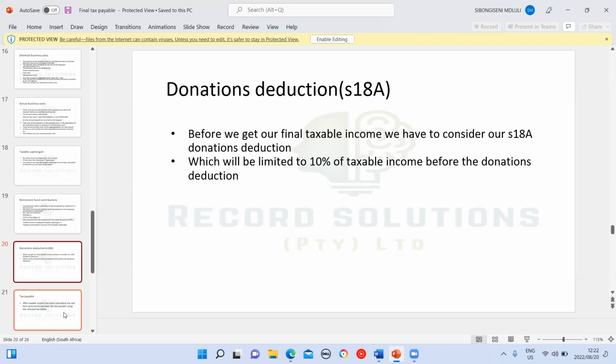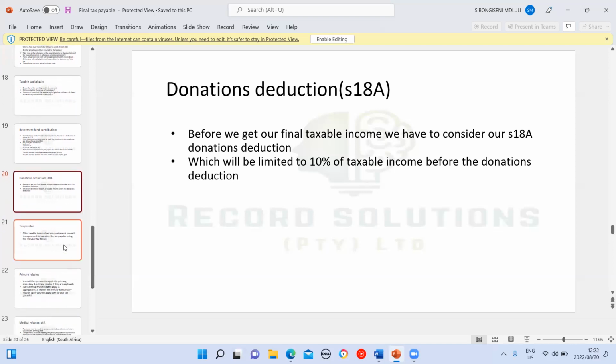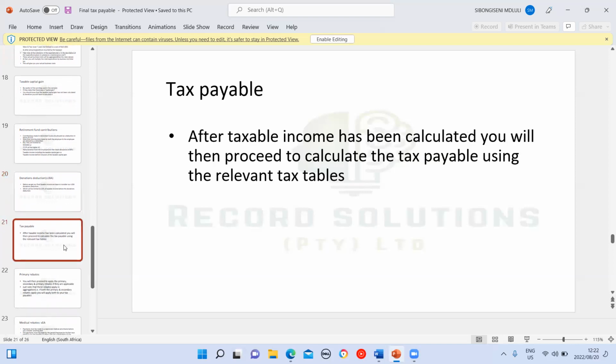But you have to remember that this donation deduction will also be limited, because SARS is ruthless. It doesn't just give away deductions like that. So this deduction will be limited to 10% of taxable income before the donations tax deduction. Hope that is clear.